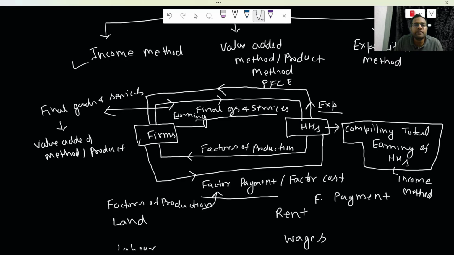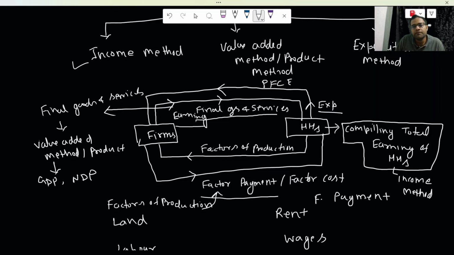You can also calculate national income by calculating the final value of all final goods and services. This method is represented by the GDP or NDP. You might have come across these terms. So this is the second method.